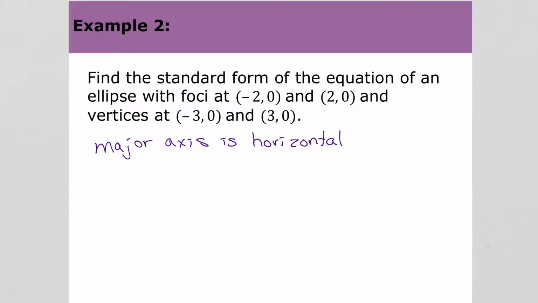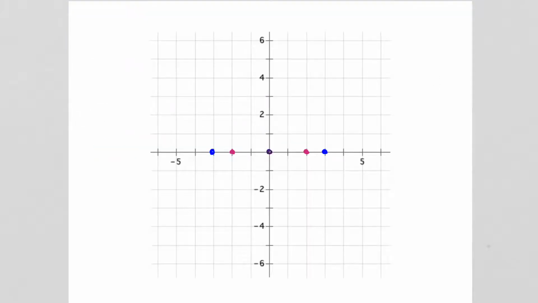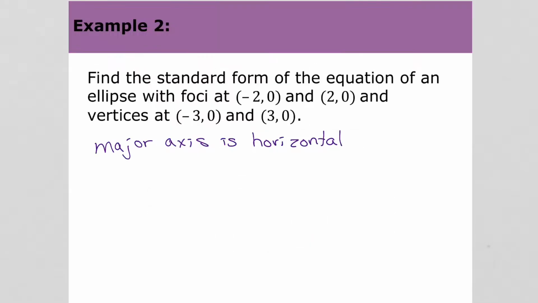Since the center is at the origin, our equation is going to look like x squared over something plus y squared over something. Since the major axis is horizontal, a squared will be under the x, and b squared will be under the y.